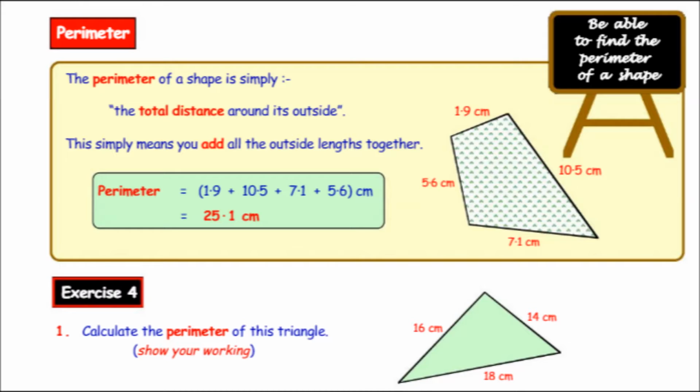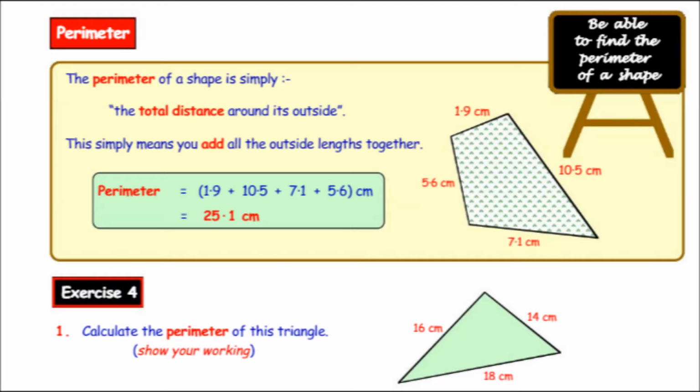I don't mind, as long as it's the best way for you, as long as it works for you and you get the correct answer every time. So the perimeter for this triangle in number 1 is just adding these together. 16 add 14 add 18.